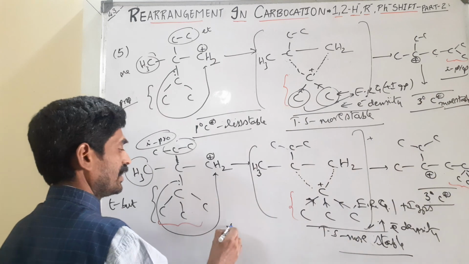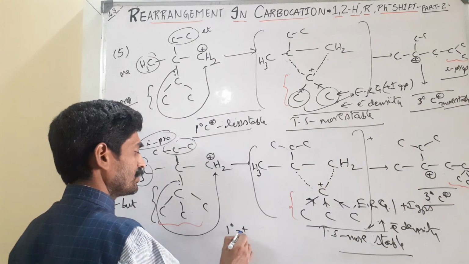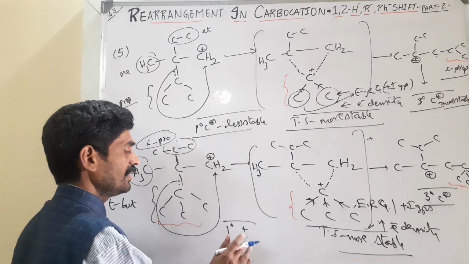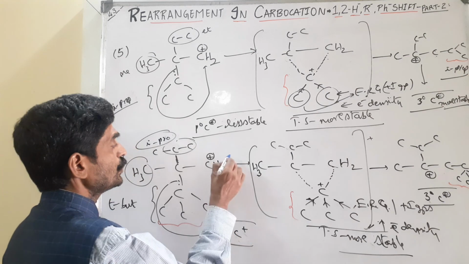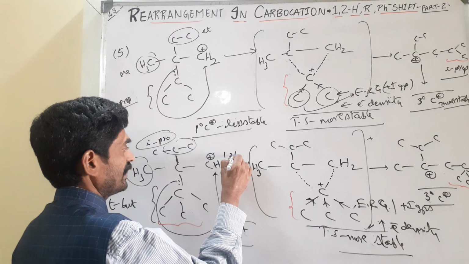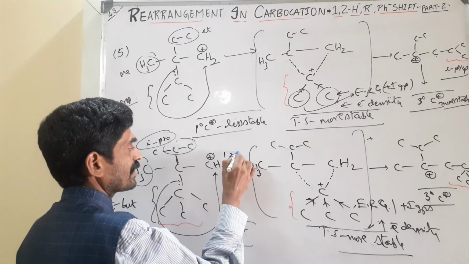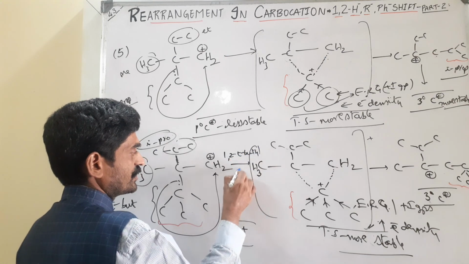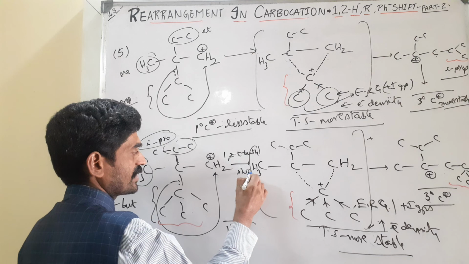Here a primary carbocation is there, so it is converted into a more stable tertiary carbocation due to a 1,2 butyl shift. A 1,2 tertiary butyl shift takes place, shifting of the tertiary butyl group.